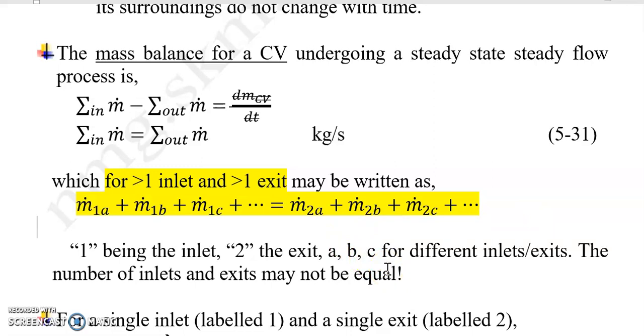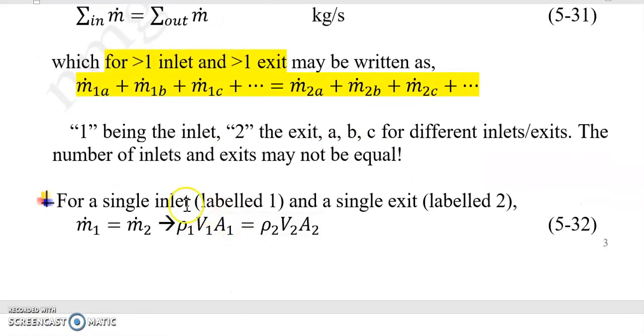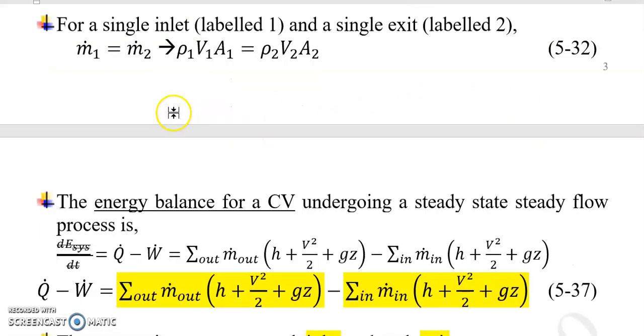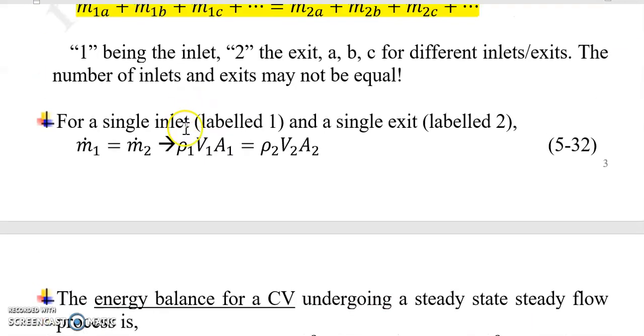In the ebook, they call it by 1, 2, 3, 4, and so on. It's up to you as long as you keep track of what means which. So, for a single inlet label 1 and a single exit label 2, you get 532. That is mass balance.